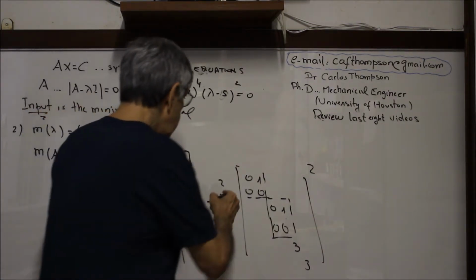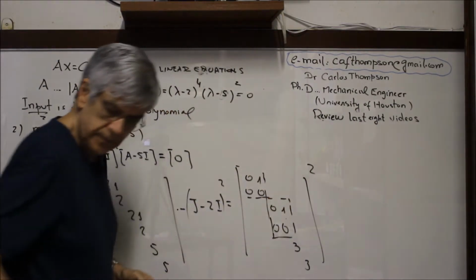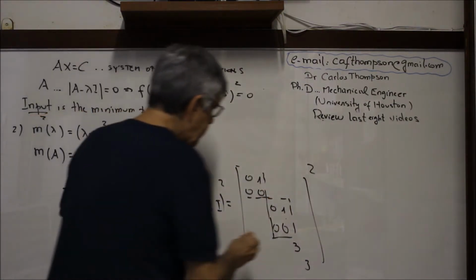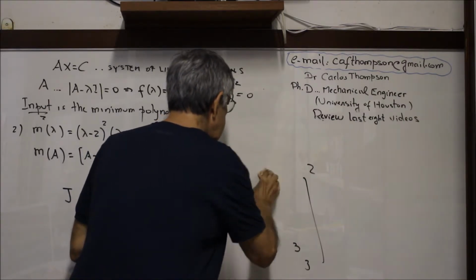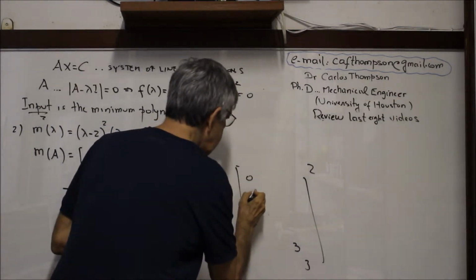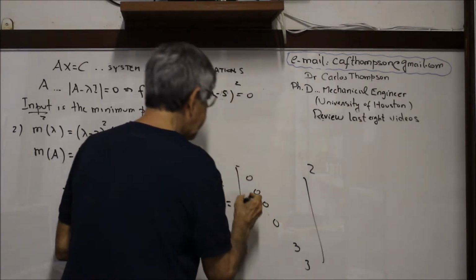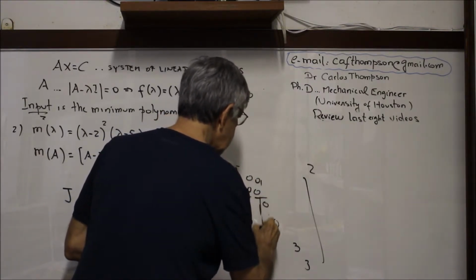Now, if I square it, I'll just erase this and put 0 and 0. Then I'll have here 0, 0, 0, 0. Here I have 0 and 0, 1 block.